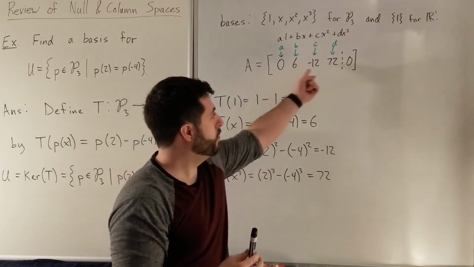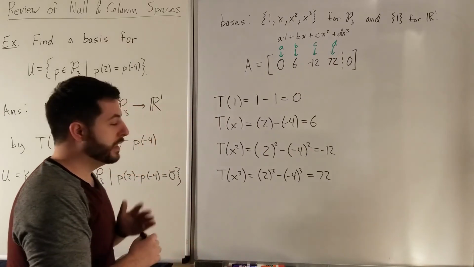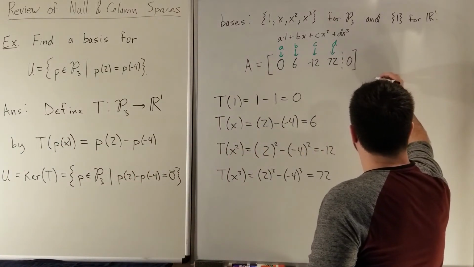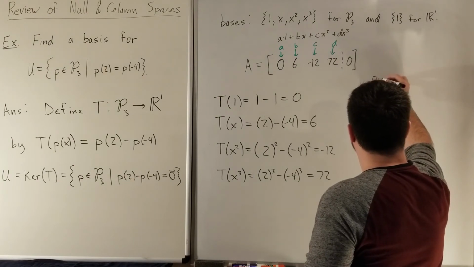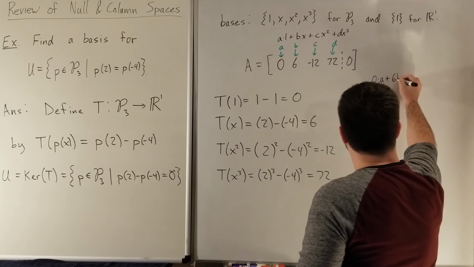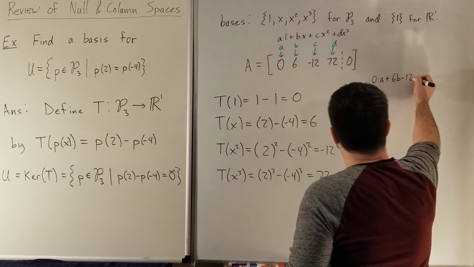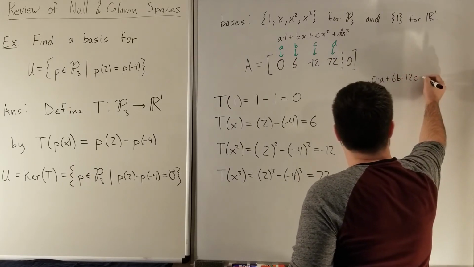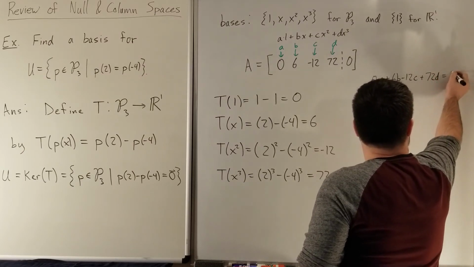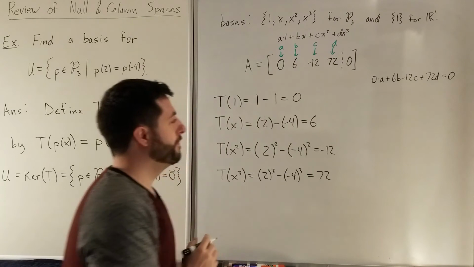Okay, so this one line of the matrix is an equation that we can read off that says 0 times A plus 6 times B minus 12 times C plus 72 times D is equal to 0.